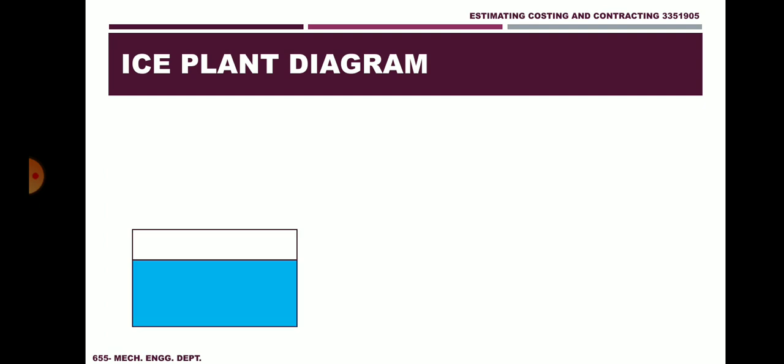The ice plant diagram consists of a brine tank which includes sodium chloride as a brine solution, in which ice cans are placed, and one agitator. The main function of the agitator is to circulate the brine solution.